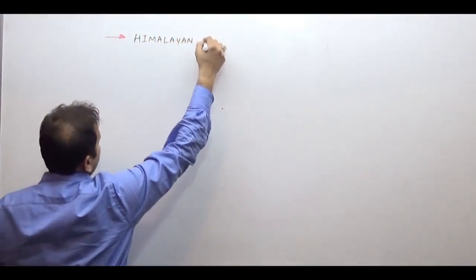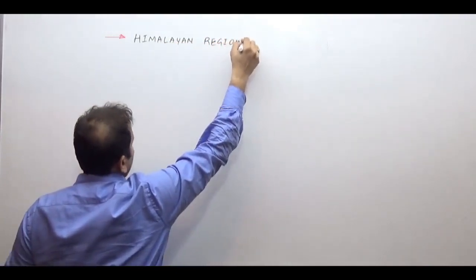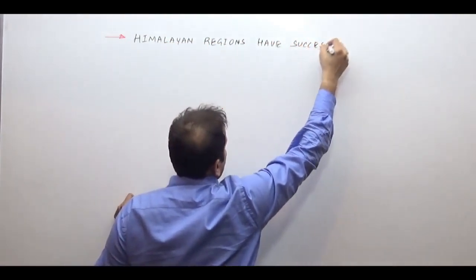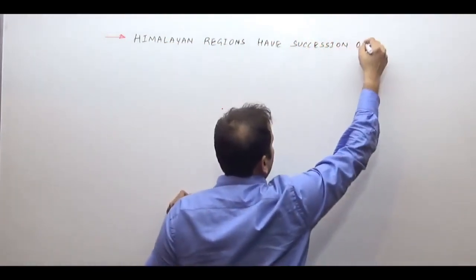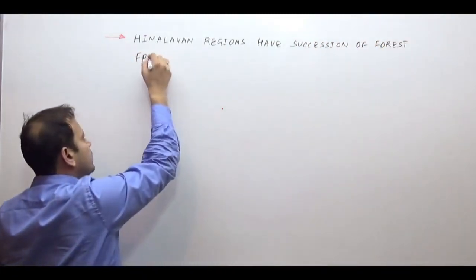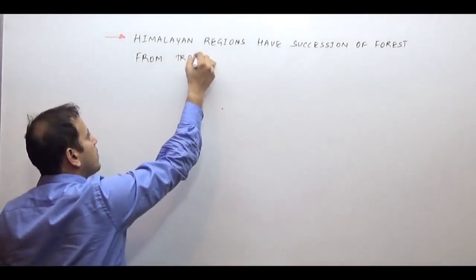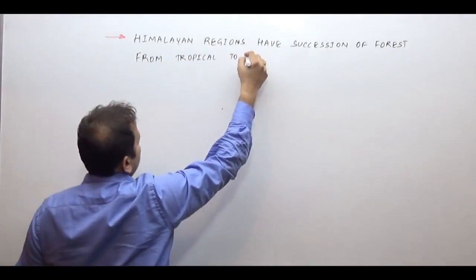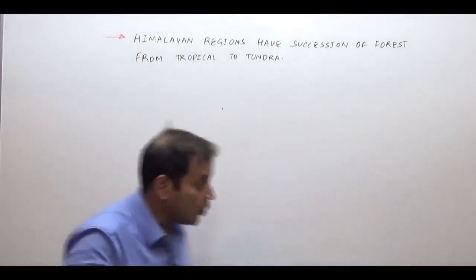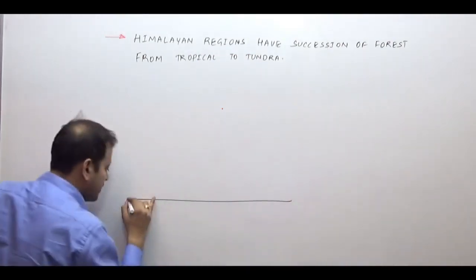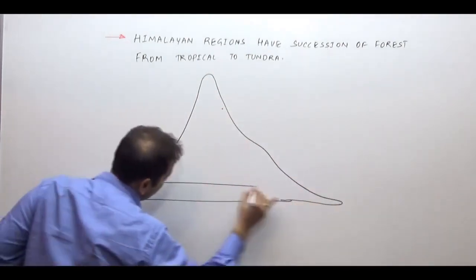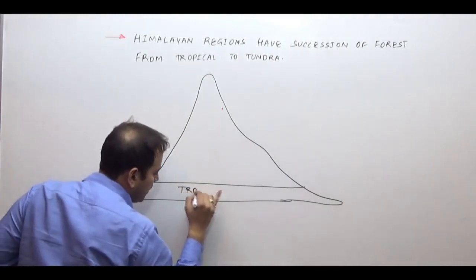The Himalayan regions have a succession of forests from tropical to tundra. That means at a lower height in the Himalayan mountain system, there will be a tropical forest, that will be tropical evergreen forest.